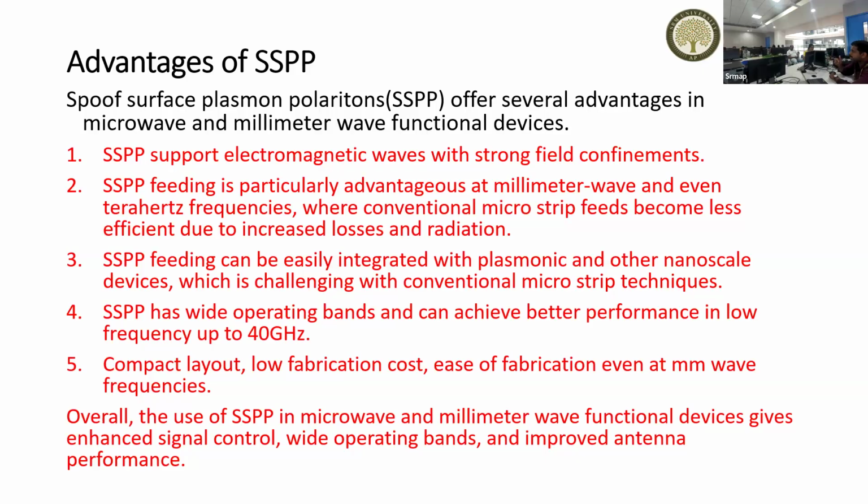Spoof surface plasmon polaritons act as a feeder source to feed high frequency devices, such as those operating in the millimeter waveband and beyond. If you compare it with microstrip feeding, that fails, because there the losses increase at high frequency. You can't apply microstrip feeding to high frequency devices. So that is one of the peculiar advantages I'm mentioning.